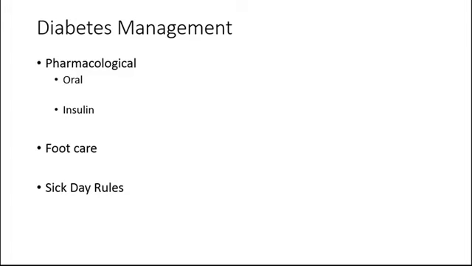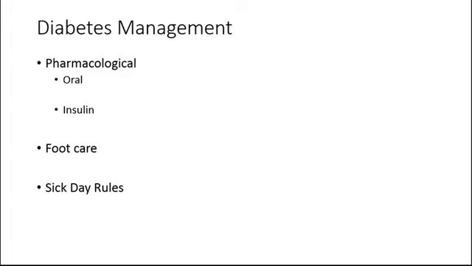Okay, foot care. Lots of things that we teach, and we know that the feet are the primary area for problems with diabetics, because of the vascular changes that occur, both macro and micro. Micro are the ones that damage the small blood vessels and the nerves. And macro is the one where we have buildup of fat deposits or clot formation.